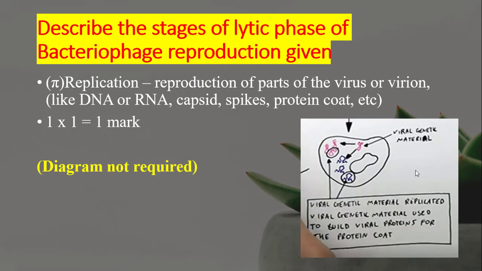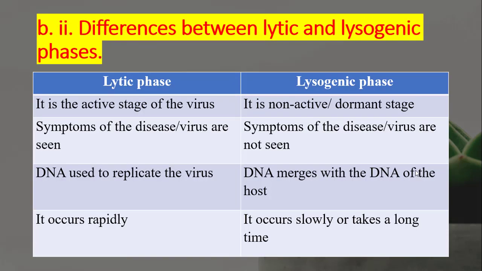Okay, so now that takes us to 1B(ii), where we are asked to state the differences between the lytic and lysogenic phases of bacteriophage reproduction. The lytic phase was on the left, lysogenic on the right. The first one: the lytic phase is the active stage of the virus, while the lysogenic phase is the non-active or dormant stage.